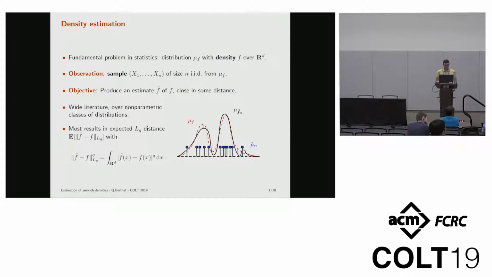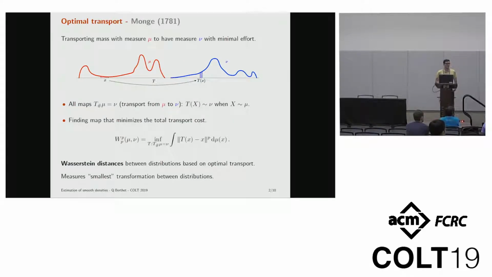So this is something that comes from the problem of optimal transport, right? That goes back many centuries. In optimal transport, we want to transform with a transport function t a certain measure to map it to another one, right? So measure mu to measure nu, and we want to do so by having minimal global effort, right?